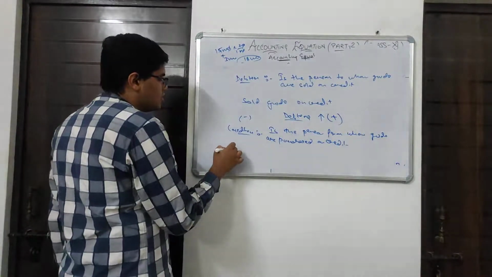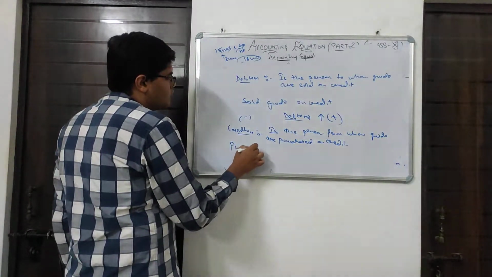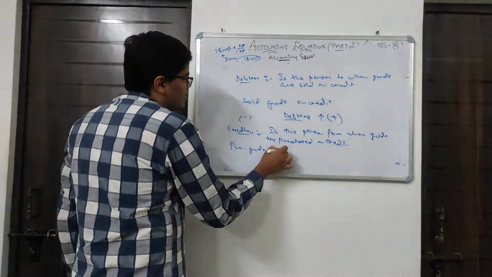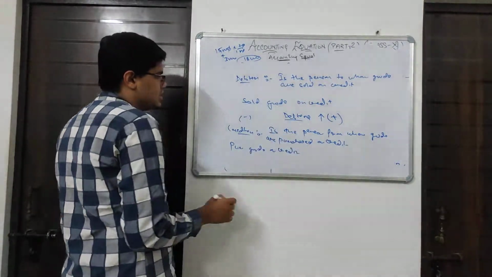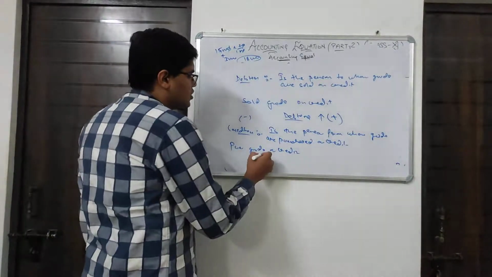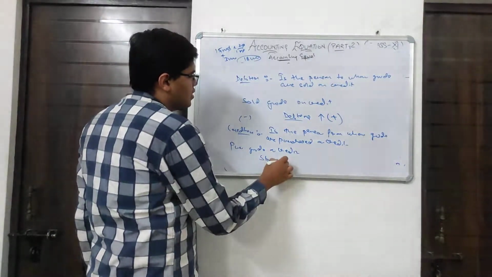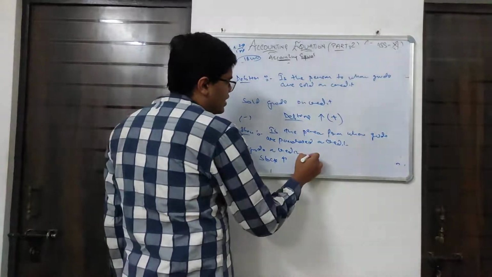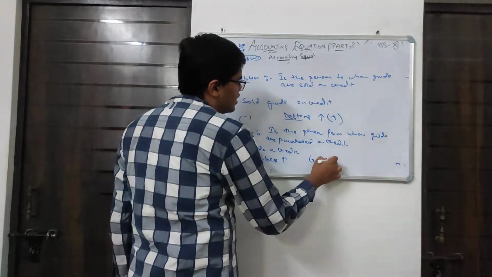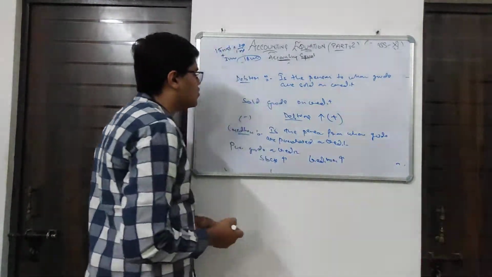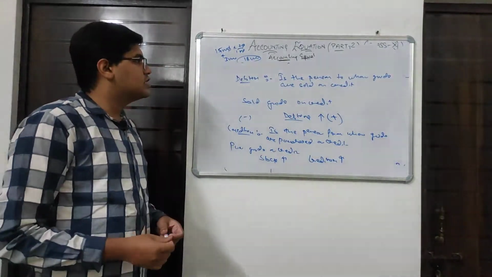In our previous question, when we purchased the goods on credit, our stock increased and liability also increased, creditor also increases. So this was the concept of debtor and creditor. Hope it is clear to you.